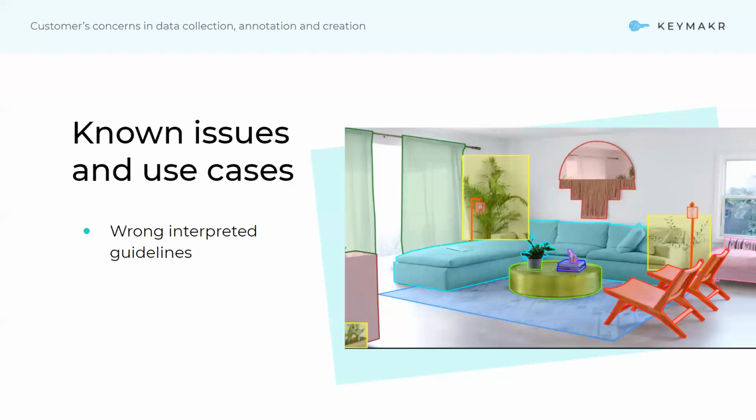Even the most clear and simple guidelines can be understood in different ways. So it's important to confirm, before going forward with an annotation project, that your guidelines are understood correctly, because that's not a given, at least if you're capable of asking proper questions.